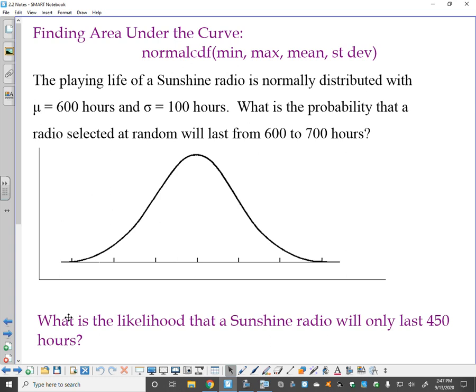And then we talked about what percent of data is within each standard deviation from the mean. We talked about the 68, 95, 99.7 rule, making sure that you understand that 99.7% of the data lies within 3 standard deviations. That is not 100% of my data, but it is the great bulk of the data.